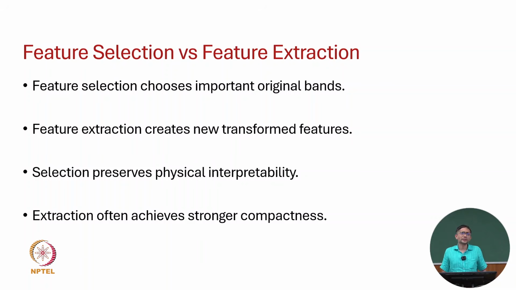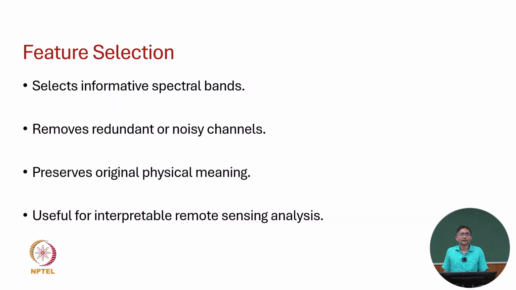We know very well what a vegetation index or built-up index is. However, there are other ways of extraction, which we'll discuss later, where we will actually lose the interpretability. So feature selection selects informative spectral bands or removes redundant or noisy bands, thus preserves original physical meaning and is useful for interpretable analysis.